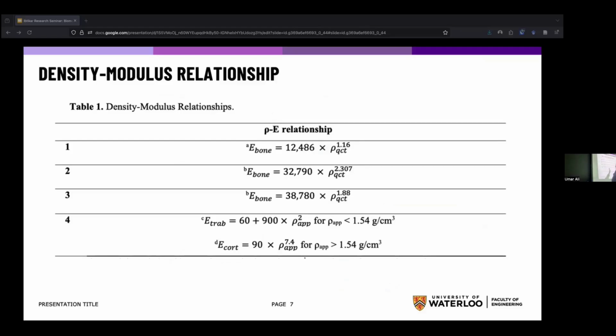These 3 relationships consider it as one, so bone modulus is equal to some function of the density. However, we know bone consists of 2 different components. So we have this 4th additional relationship, where for lower densities we use the trabecular formula, and for greater densities we use the cortical formula.